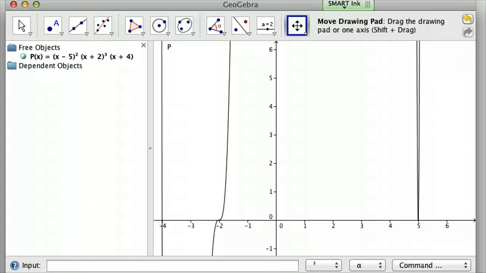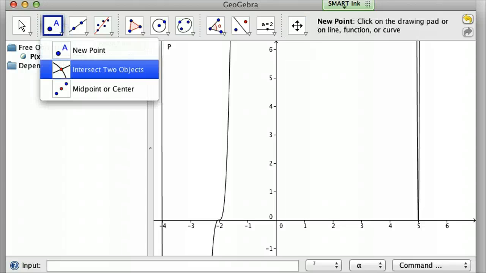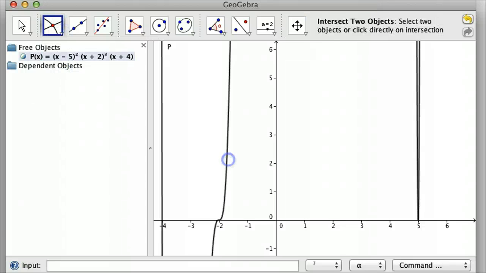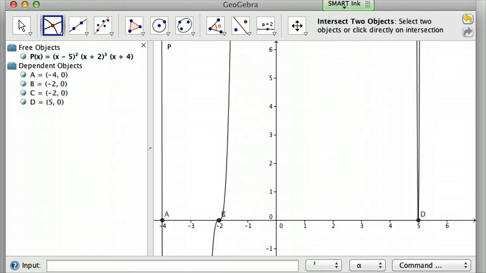If I intersect the function with the x-axis, my roots should appear, and there they all are: negative 4, 0; negative 2, 0; and 5, 0. Notice it lists negative 2, 0 only once, which we know actually happens three times, and 5 occurs twice.